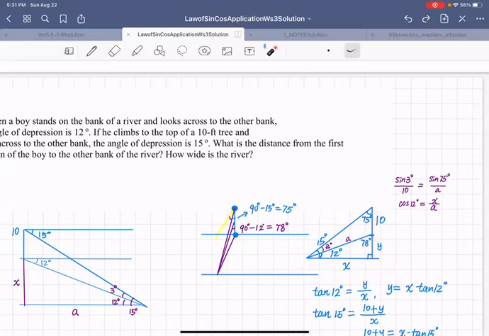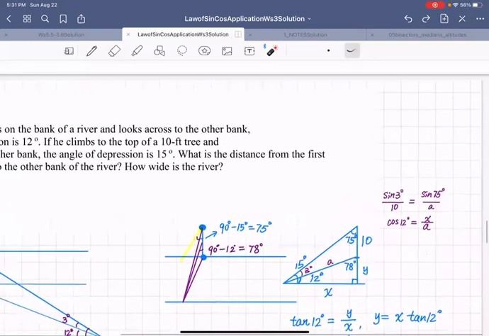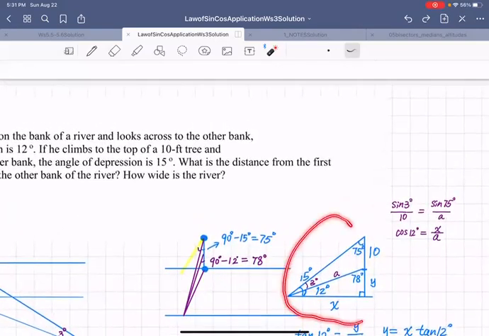You know this is 12 degrees. This is 15 degrees. This is 10. From here to here, this is 10. And then they ask you, how much is here? How much is here? Okay. Now I have already shown the graph.